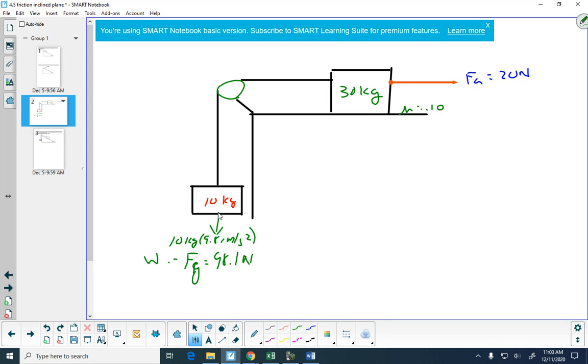And this is being transferred also through the rope in this hopefully frictionless pulley system. So this force of 98.1 newtons is pulling it through a frictionless pulley to the left. We have 20 newtons pulling to the right.